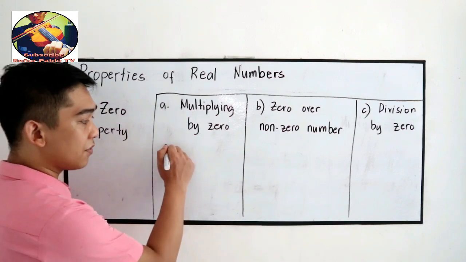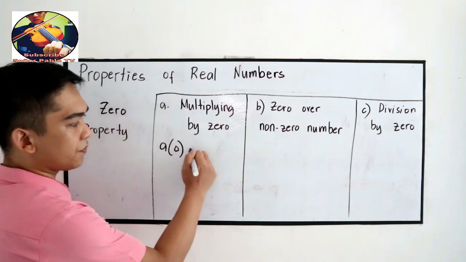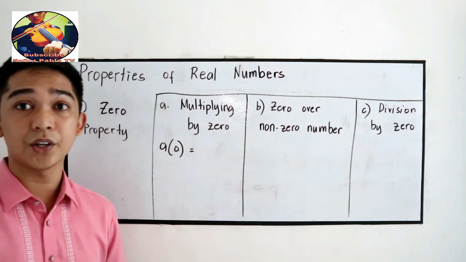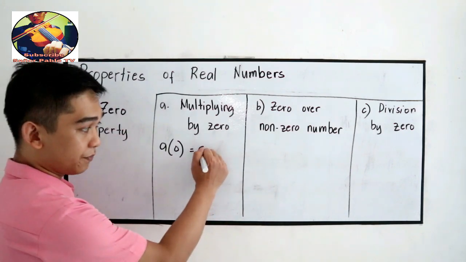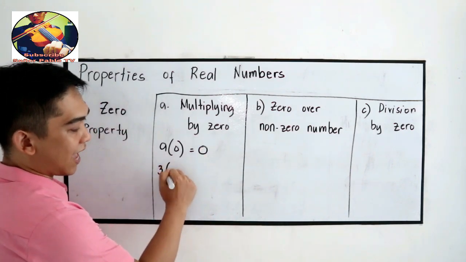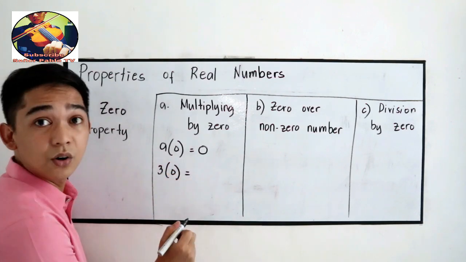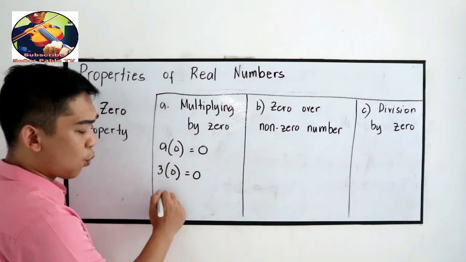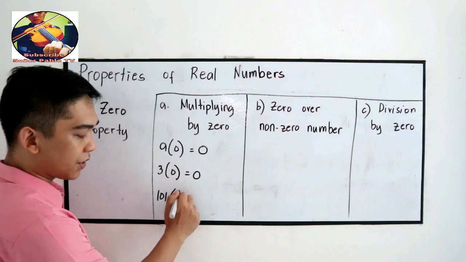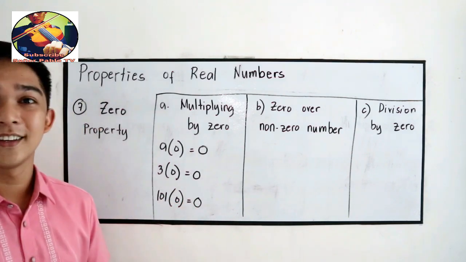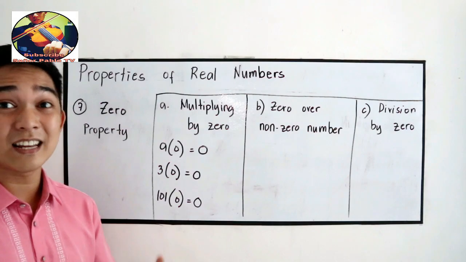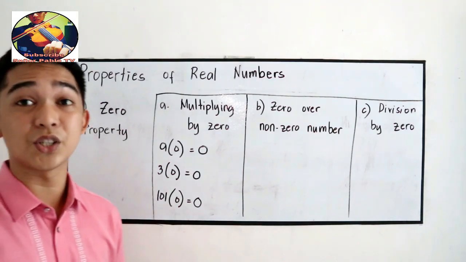So, if I have A times 0, alam natin by definition, any number multiplied by 0, that is 0. So, 3 times 0, that is also 0. 101 times 0, syempre, 0 din yun. Ang dali lang, tandaan lang, any number multiplied by 0 is 0.